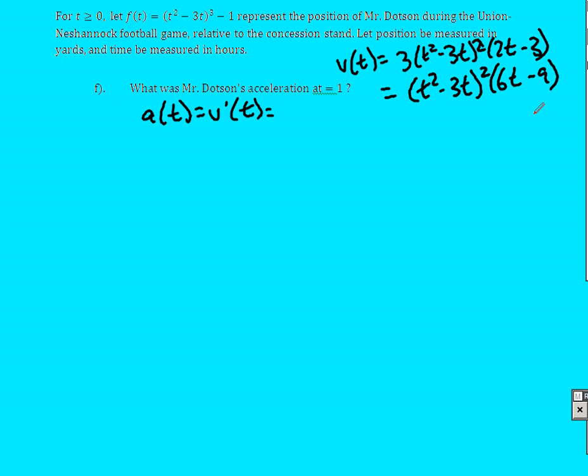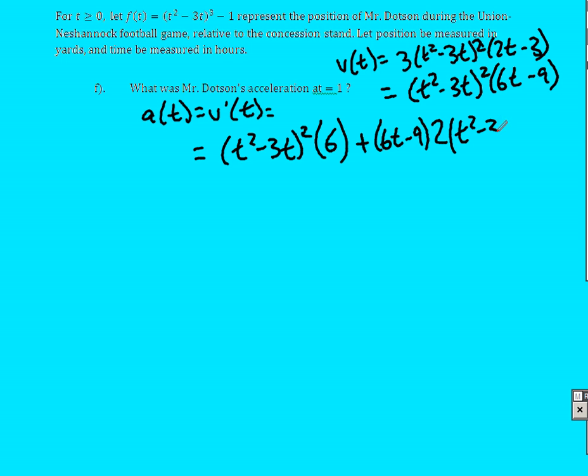Either way works fine. So what is this derivative? To do chain rule here, the first times the derivative of the second. So (t squared minus 3t) squared, derivative of the second is just 6, plus the second, 6t minus 9, times the derivative of the first, which is 2 times (t squared minus 3t) in the first power, and then times, on the inside, 2t minus 3.